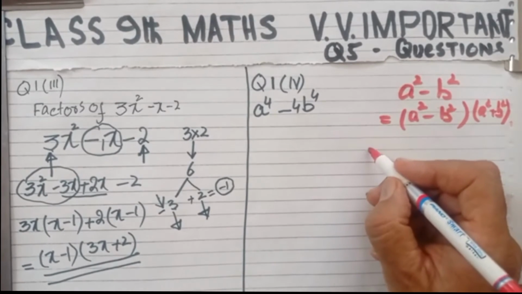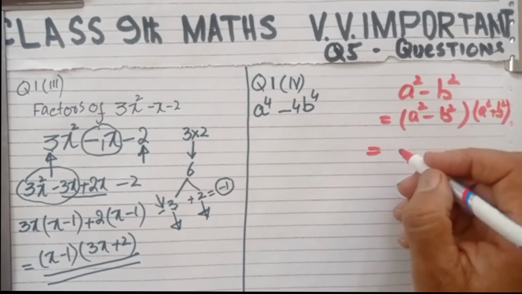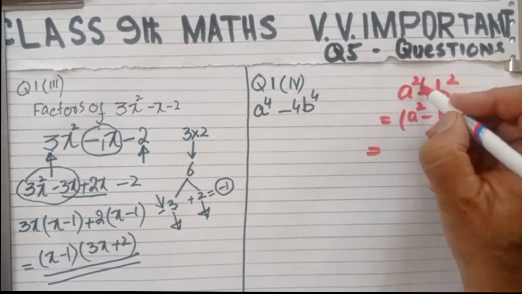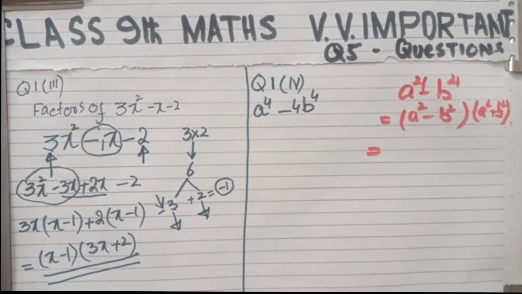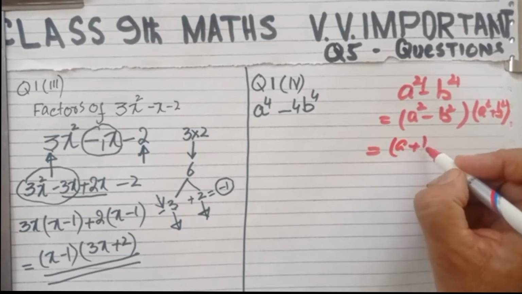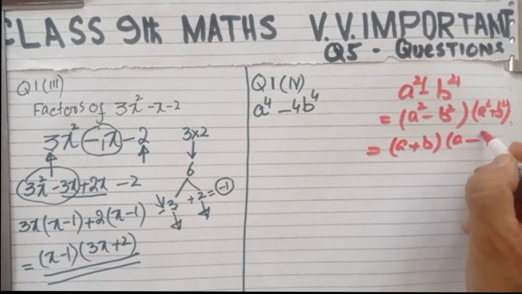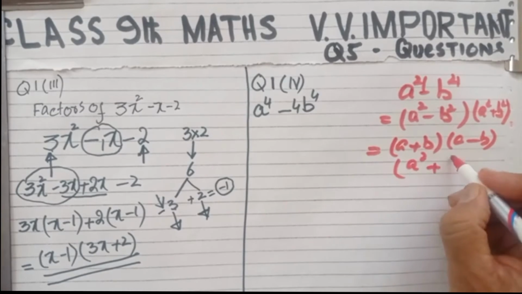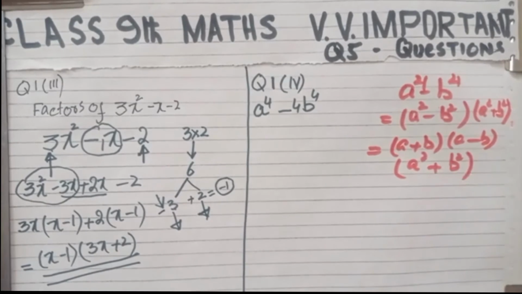Now a square minus b square, that is 4 here. So that is a plus b, a minus b, and a square plus b square.